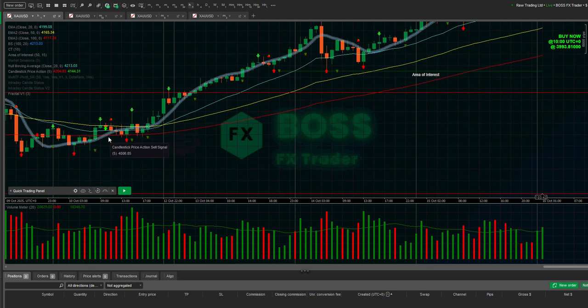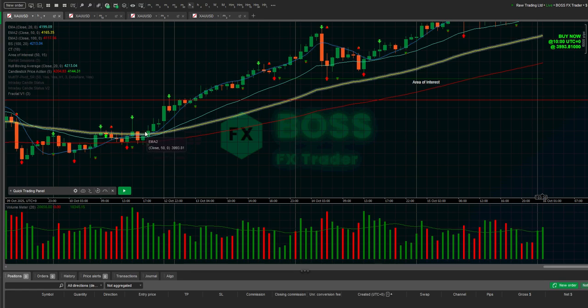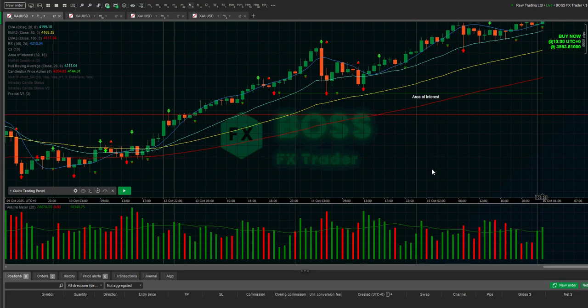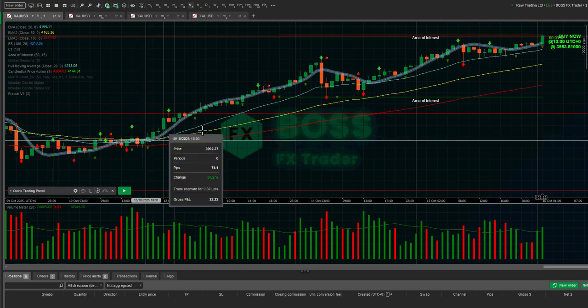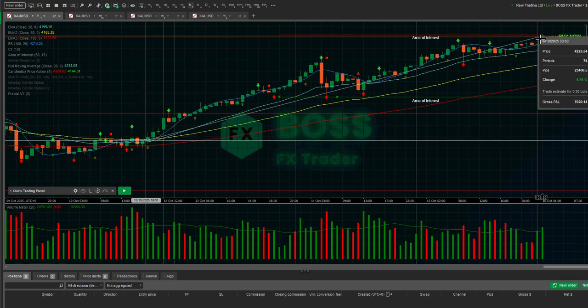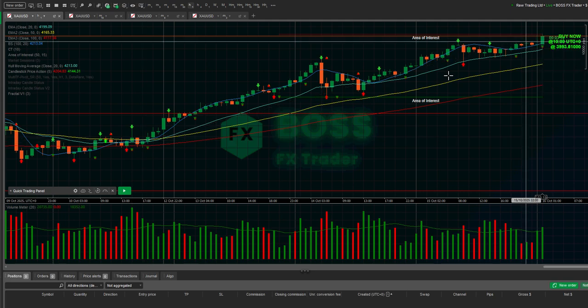Dito siya nag-suggest to buy. And if you follow that opportunity on buying, you already have this 7,000 if you're trading 0.3. So 7,000 plus gain.